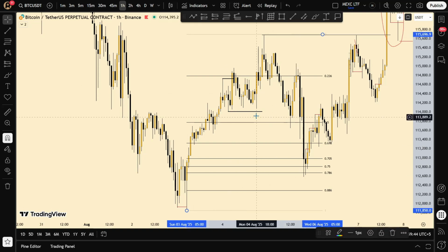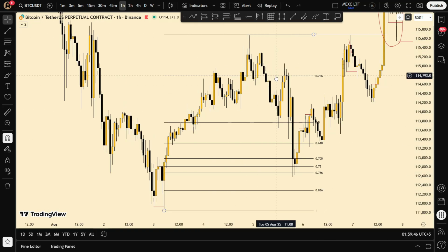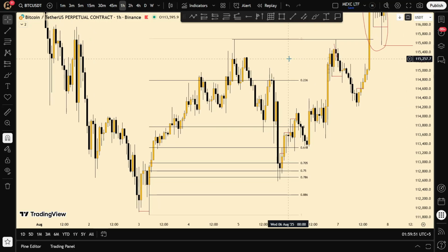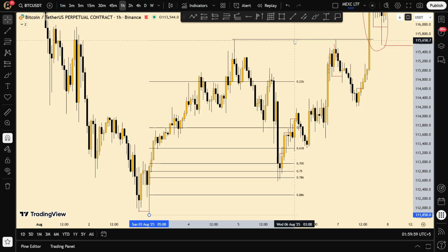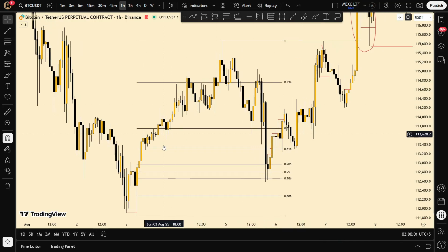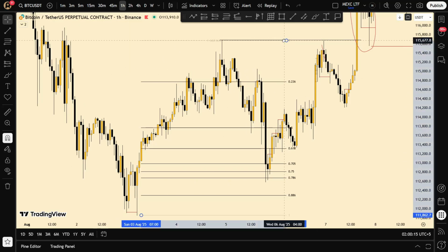Now, this is why I don't actually use Fibonacci retracements for trading, because you need to know what the objective is, and it can sometimes be misleading and confusing. If you only start using Fibonacci retracement and start buying every dip over here, somewhere you'd be taken out because you don't understand the objectives of the higher time frames.